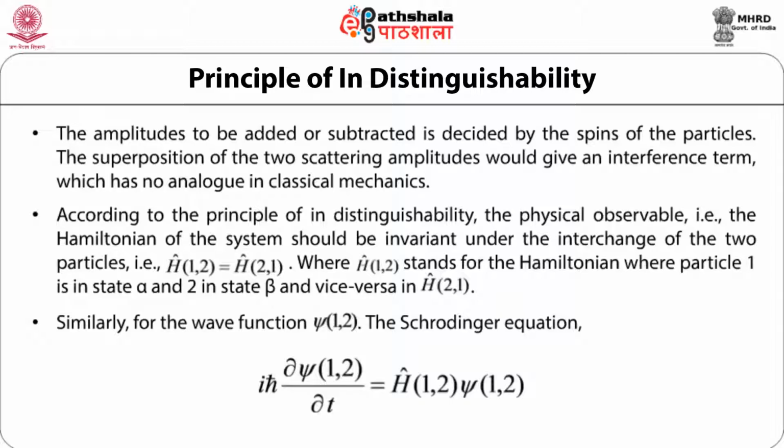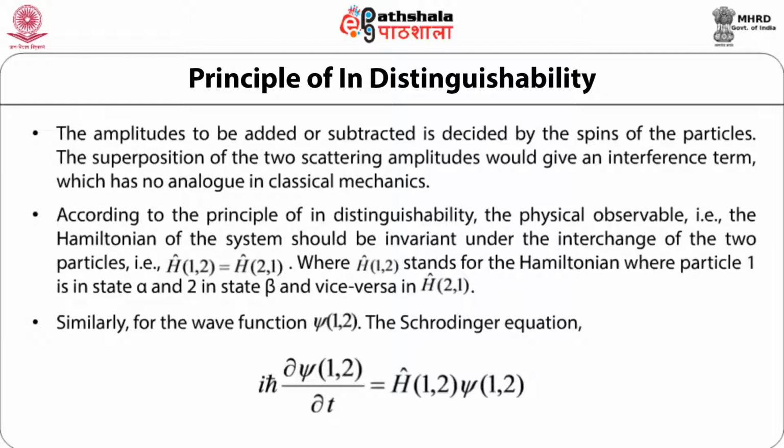In the example that we just considered, proton 1 is the target and proton 2 is the projectile, and vice versa in case of the Hamiltonian operator H of 2 and 1, where particle 2 is the target and particle 1 acts as the projectile. So in this manner, one can see that if one interchanges the target and the projectile, so long as both of them are protons, the total Hamiltonian of the system remains invariant.